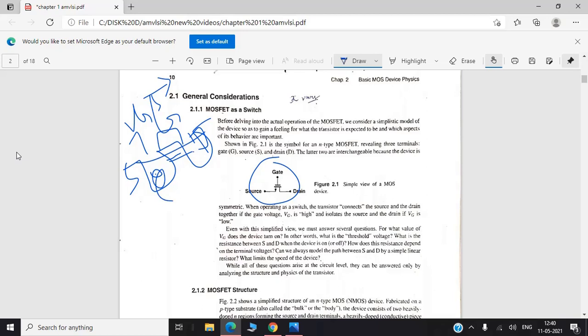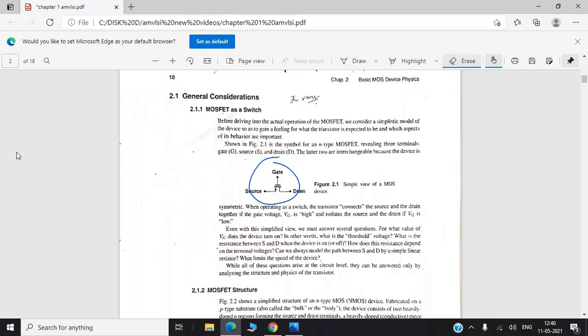So the electrons in the source will travel from source to drain, and then the conduction will occur. So that is why it is used as a switch. Okay, so that is what is explained here.